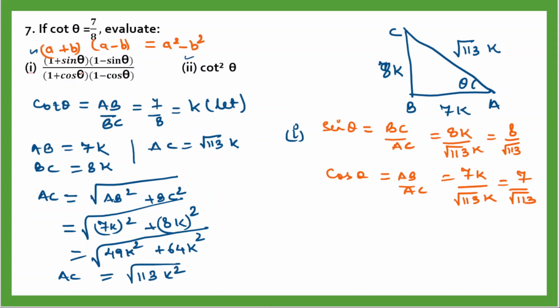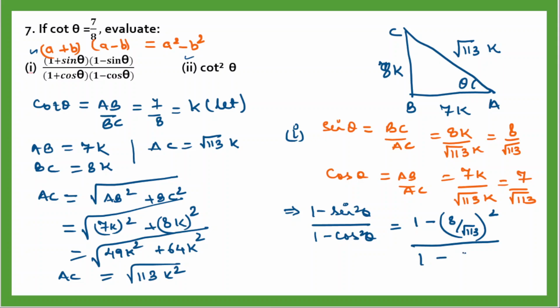So you can write this as 1 minus sin square theta and 1 minus cos square theta. So 1 minus sin square theta divided by 1 minus cos square theta. So it is equal to 1 minus 8 under root 113 whole square divided by 1 minus 7 under root of 113 whole square.